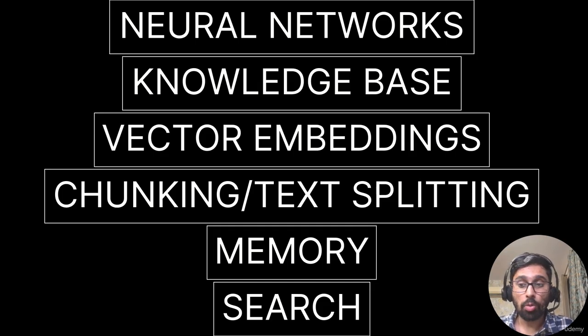And then we talk about memory or context. So memory is an LLM's memory, just like our short-term and long-term memory. And then we'll talk about again how LLMs retrieve information by searching for information in its internal and external brain, let's say. So these are a few concepts.